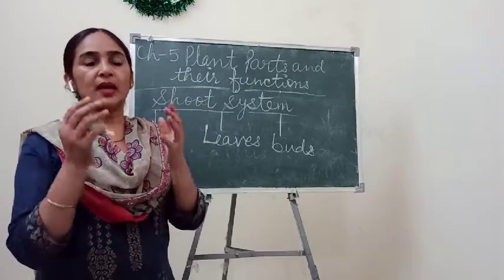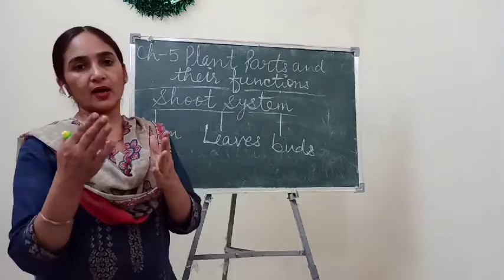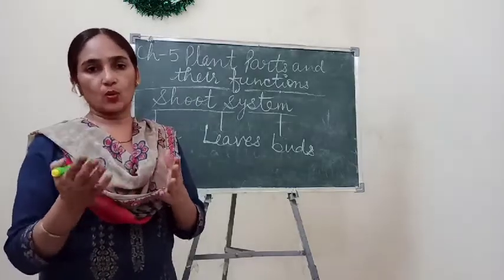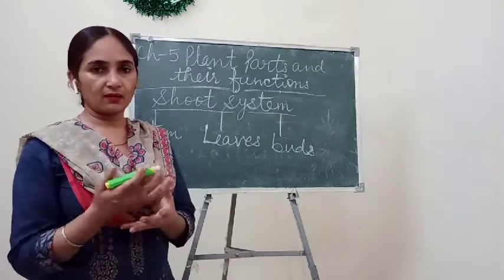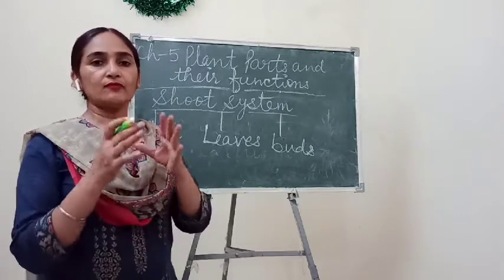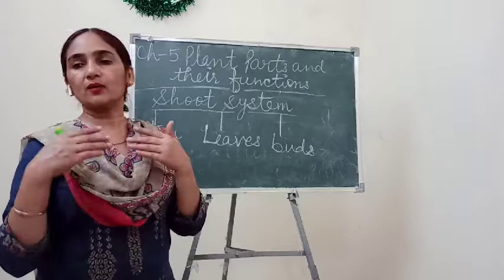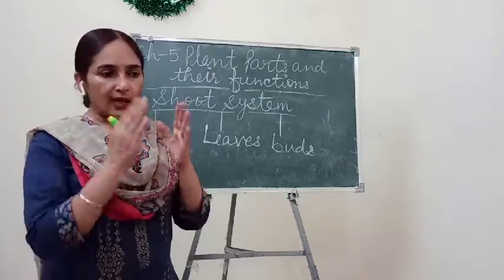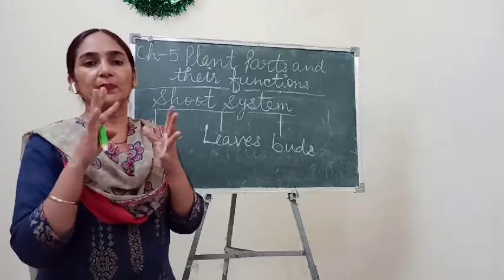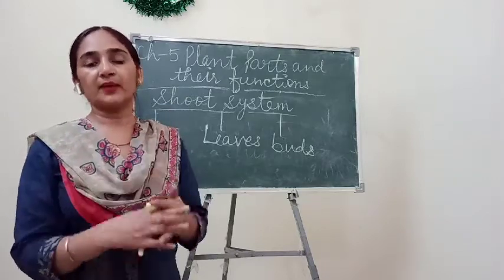Reproduction means that from the flower, fruit will grow, and inside the fruit seeds are present, you know that, and from the seeds we can grow new plants. So in this way, the life cycle of the plants is completed.